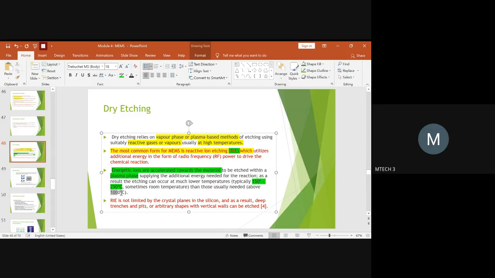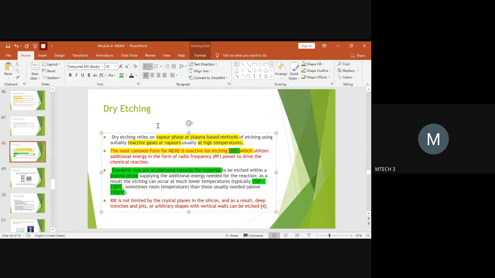It depends upon the melting point of the material you select for your deposition. If the material has a high melting point of more than 1000 degrees Celsius, then you have to energize the ions by subjecting them to a high temperature vapor or gas above 1000 degrees Celsius. These are the ways the material is removed in dry etching.